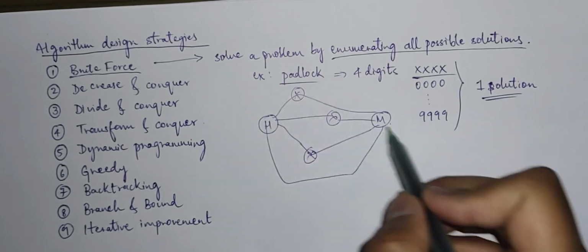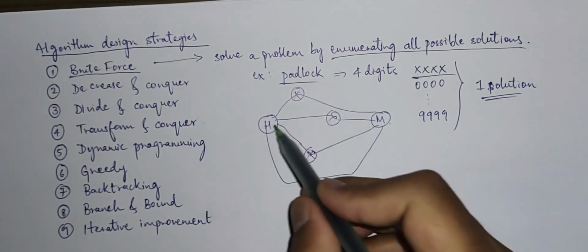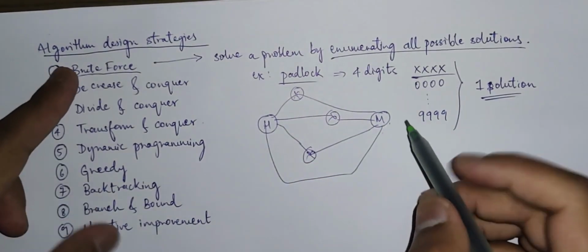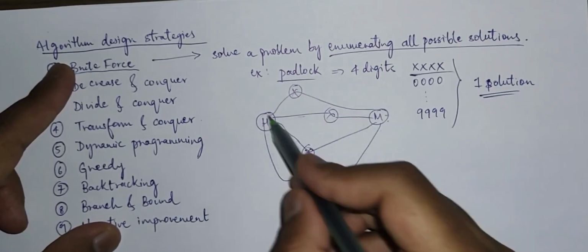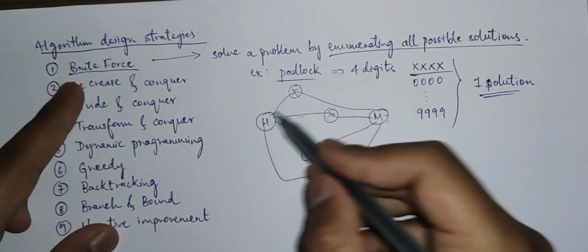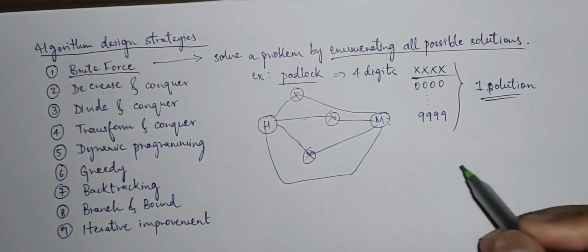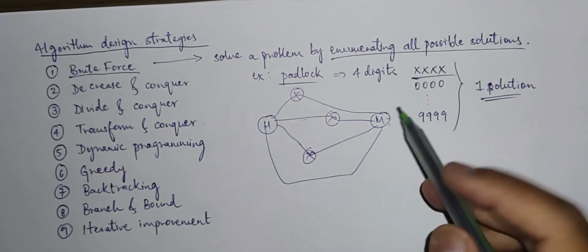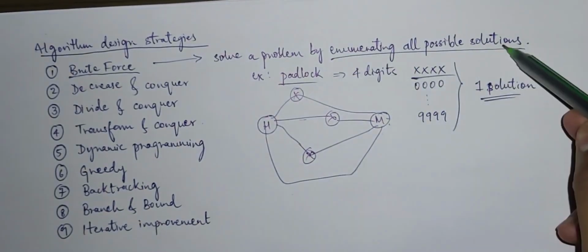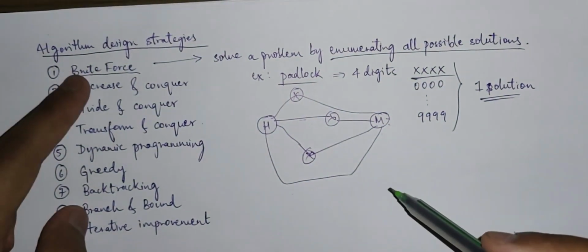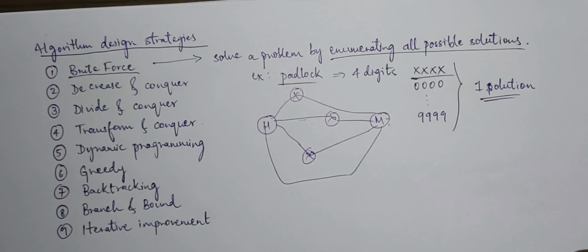You want to find the shortest path to go there. In the brute force way, you can traverse all these paths, see which one is taking the least time, and use that from then on. That would be one way to find the shortest path. Since you are covering all the paths, you are enumerating through all possible solutions. That is what a brute force algorithm does.